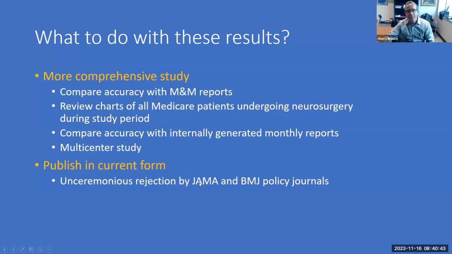At Hani's advice, we submitted this manuscript to JAMA and British Medical Journal, which have subjournals that are specifically for healthcare policy. And we thought they'd be really interested. Literally within 48 hours of submitting the manuscripts, they were immediately sent back to us with no comments, no criticisms, just saying that these were not suitable for publication.